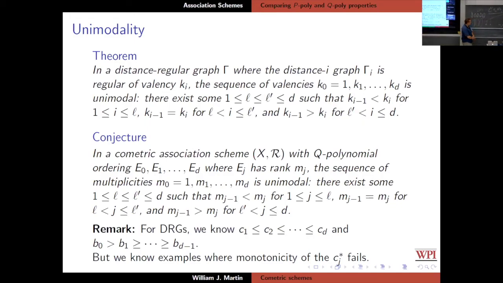And so the upshot is that m_J would have to be less than or equal to m_{J+1} up to D over 2, as long as J is less than D over 2. And so that gives you the weak increasing nature of the m_J's up to halfway.